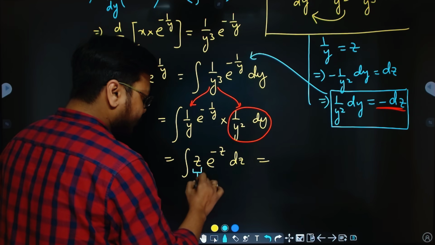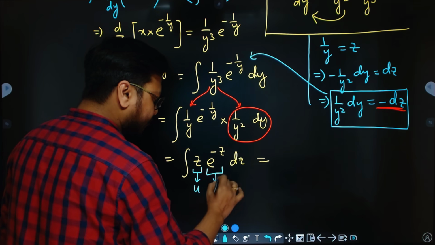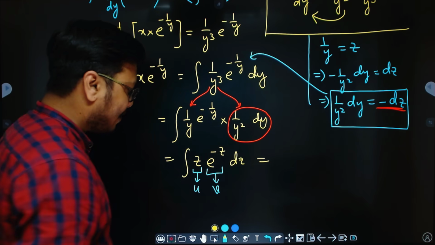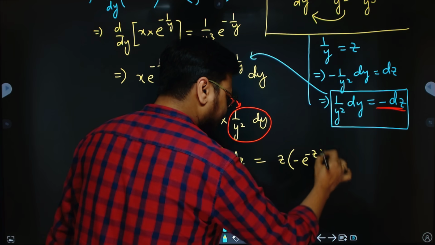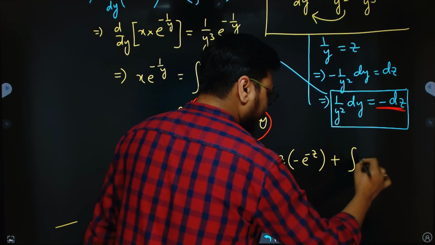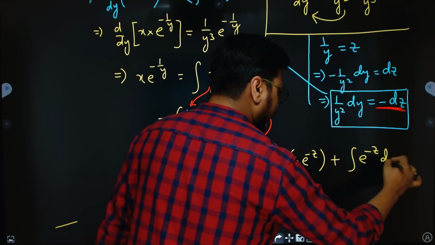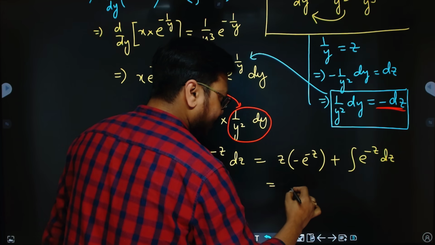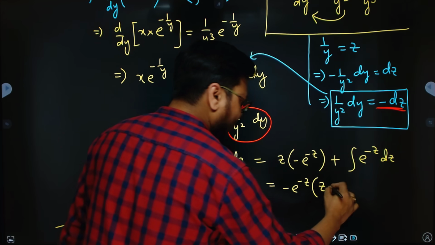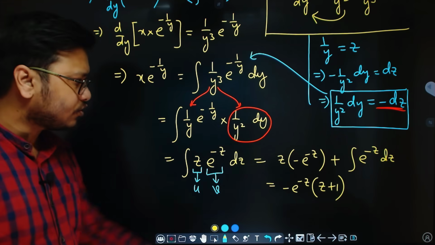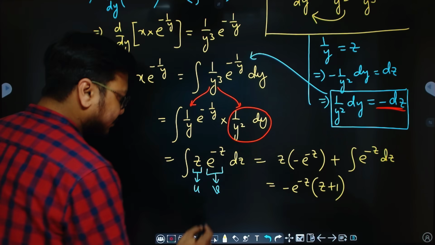So you can understand, this is your u function, this is your v function. So if I do the by parts, I'll have z times minus e to the power minus z plus integration e to the power minus z dz. So that would be minus e to the power minus z common, z plus 1. So that's the integration that we are getting.